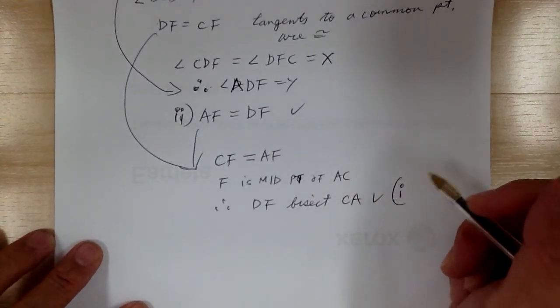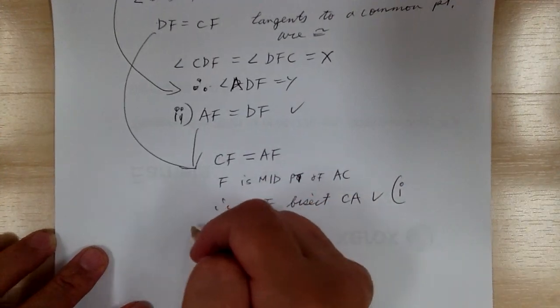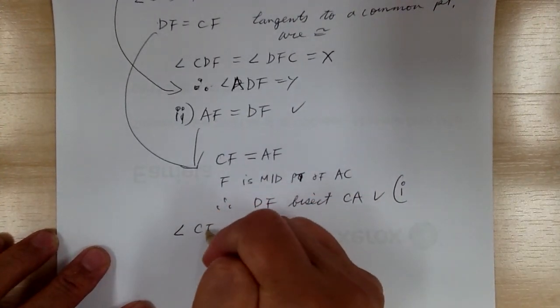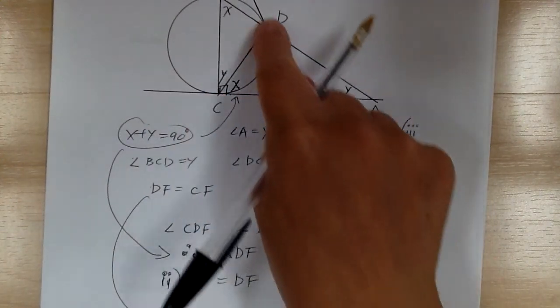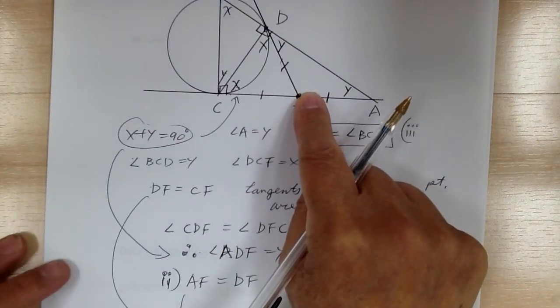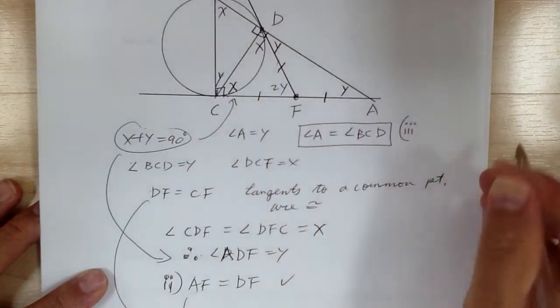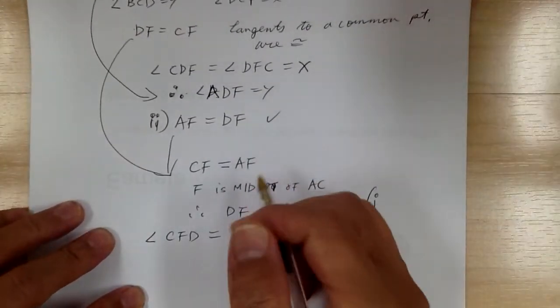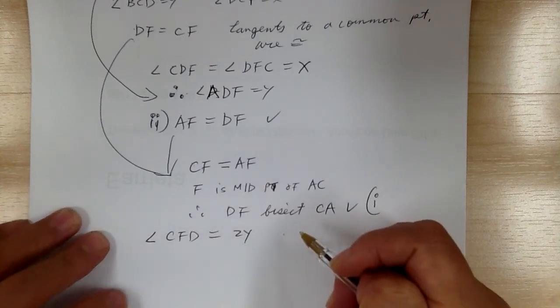And after that, we need to keep going. From here, look at angle CFD. We're going to use the exterior angle theorem. Since this is y, this would be 2y. So angle CFD equals 2y, by the exterior angle theorem.